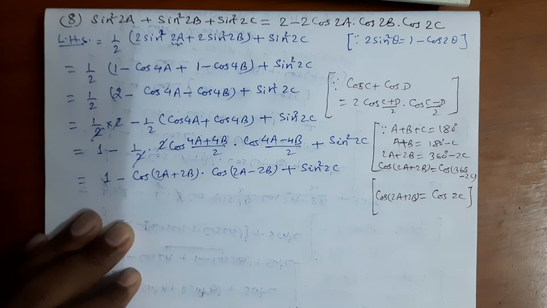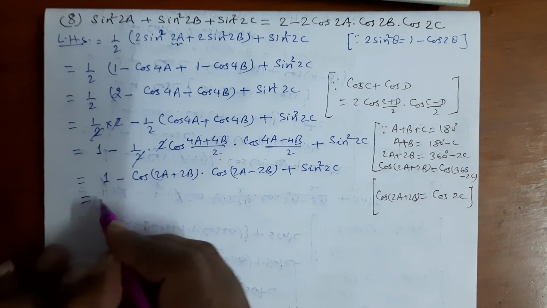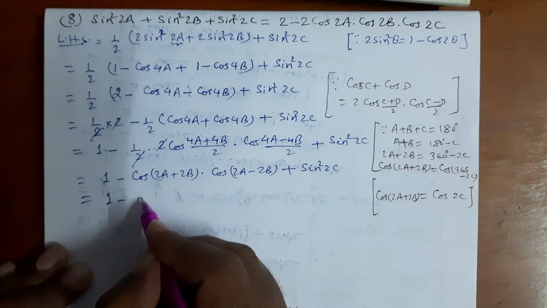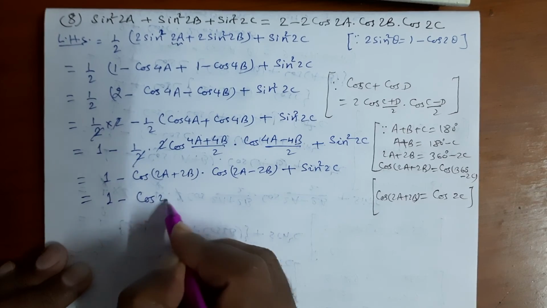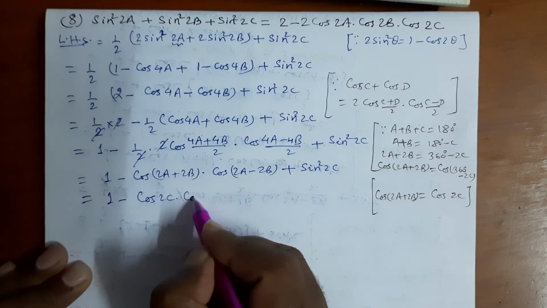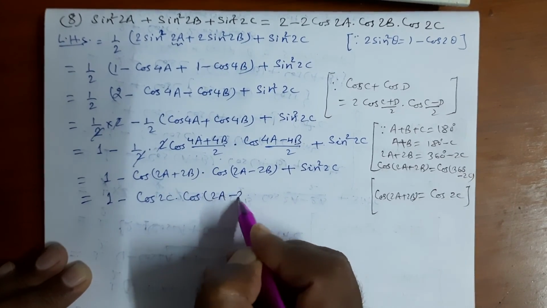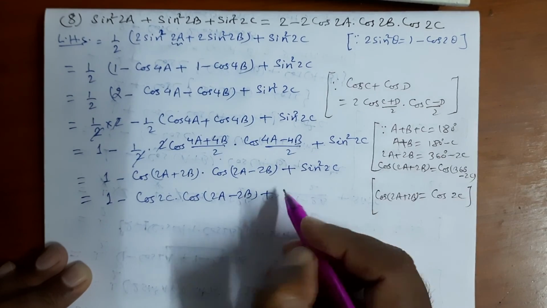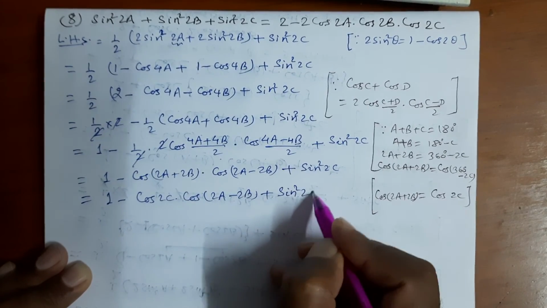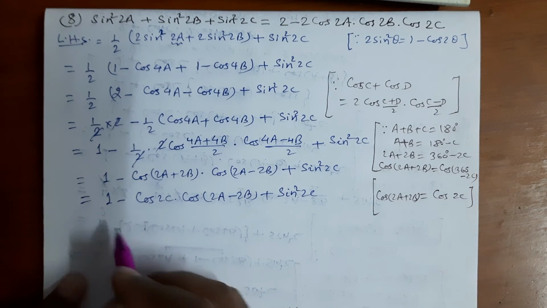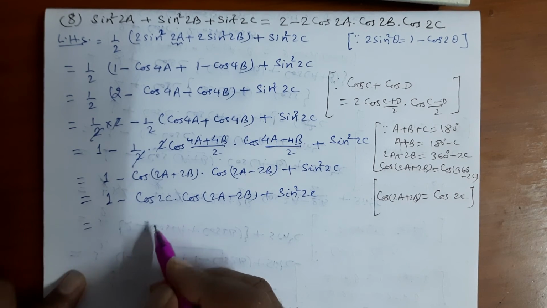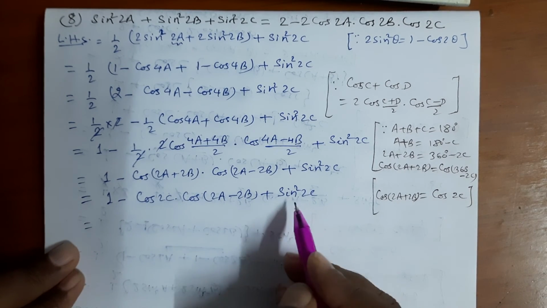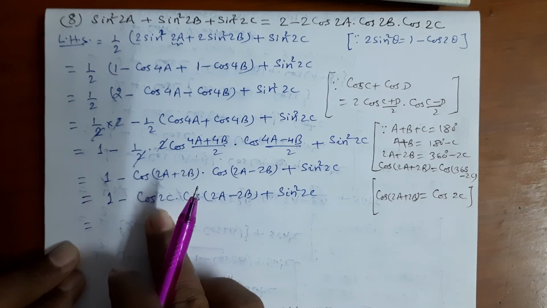Okay, and so now here what we can write is 1 minus cos(2a plus 2b), which is cos 2c. Here we already have cos(2a minus 2b), plus here is sine square 2c, and now here is cos 2c, and from this and this we can't take out common.